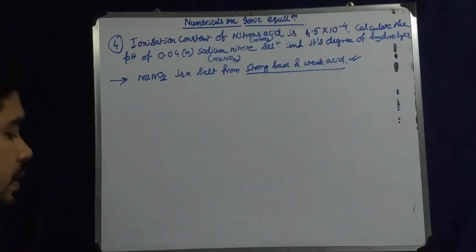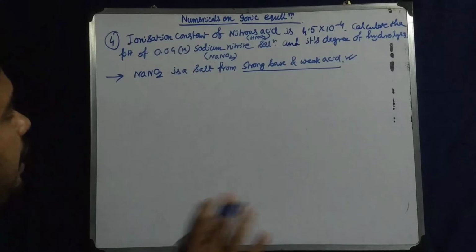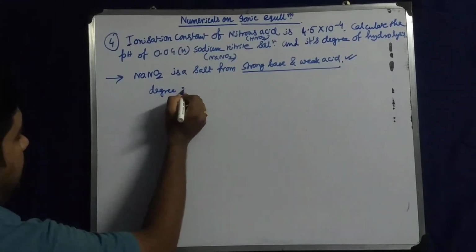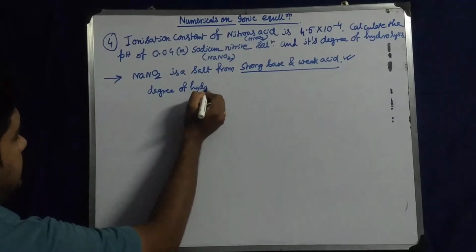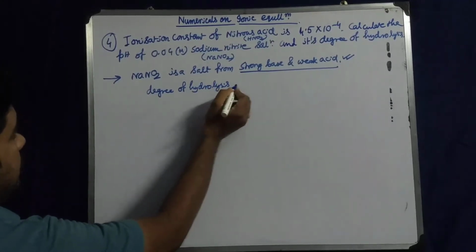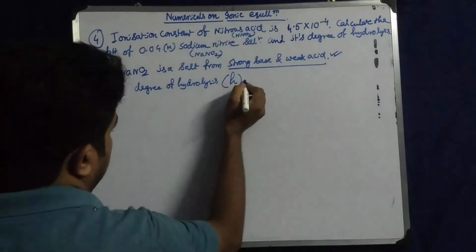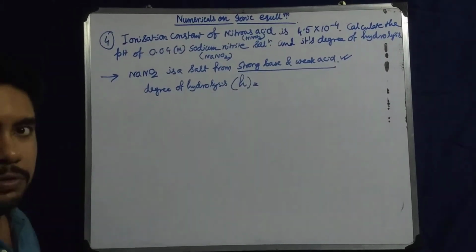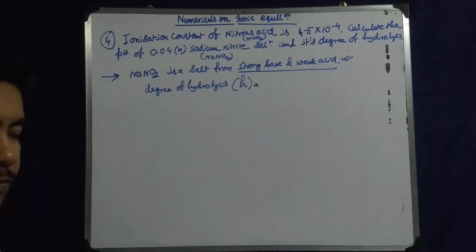So degree of hydrolysis, from where we will get it. So you know that for this case degree of hydrolysis, h. I have solved the equations, and also I have given you the solved portion in PDF format.